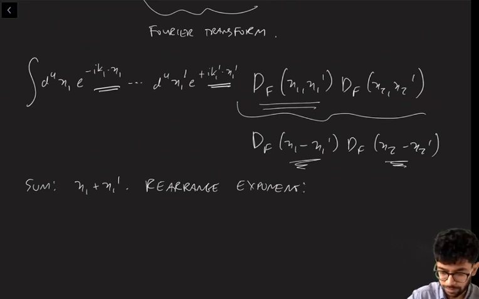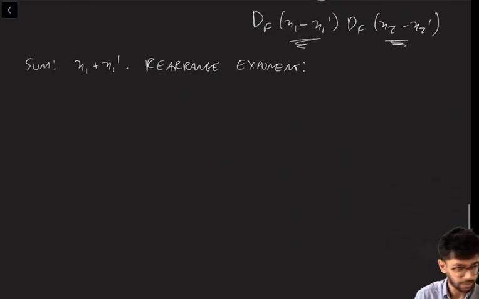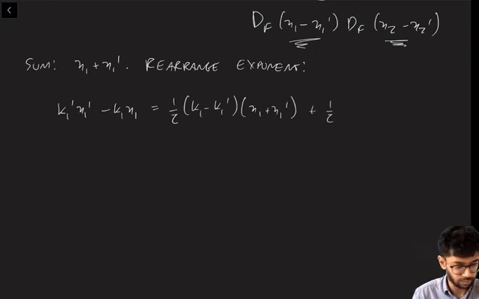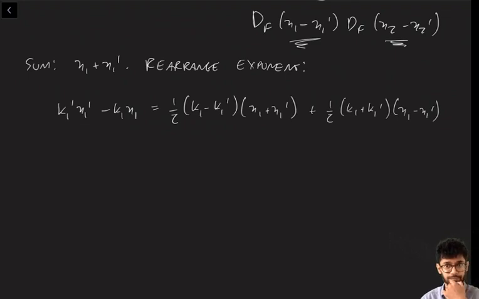So in the exponent, there is a term that looks like k1 prime x1 prime minus k1 x1. So I can rearrange this in the following way: (k1 minus k1 prime) times (x1 plus x1 prime), plus 1/2 (k1 plus k1 prime) times (x1 minus x1 prime). Okay. All right.